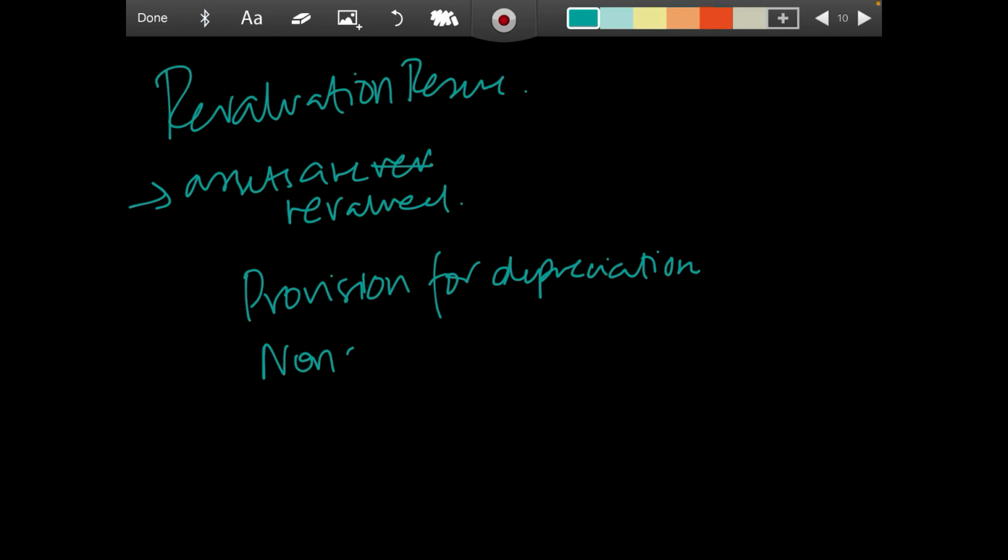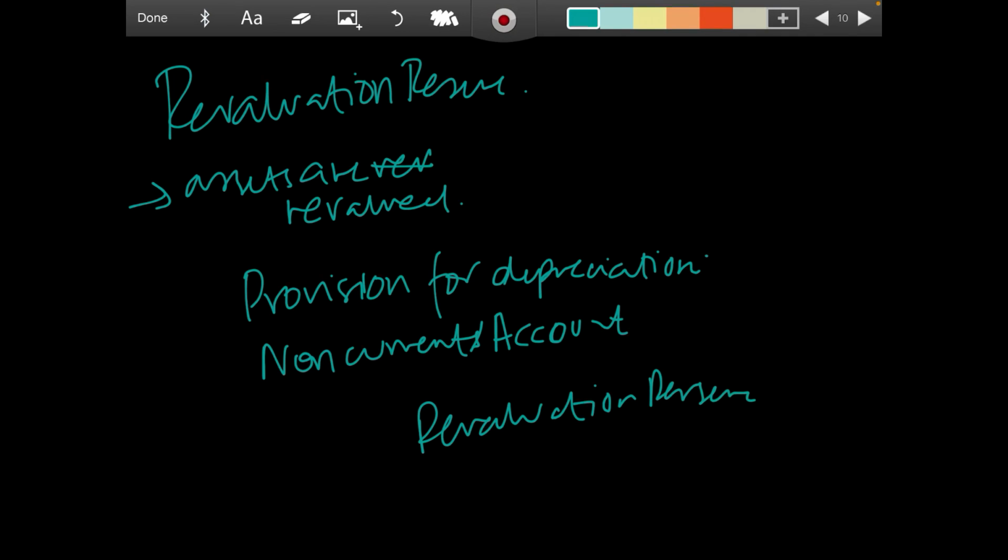The non-current asset account is debited because the value of our non-current asset has now increased, and the revaluation reserve is credited by both of the amounts.